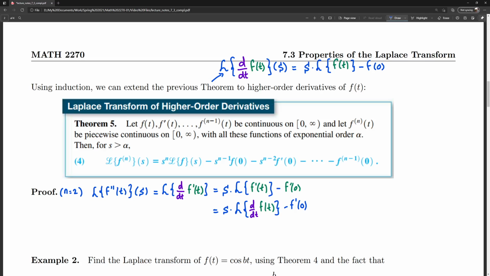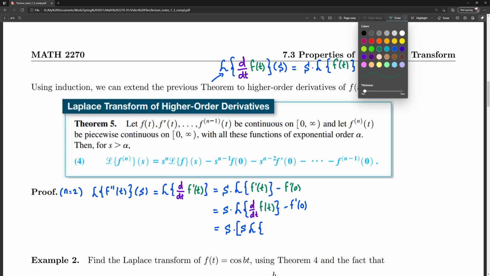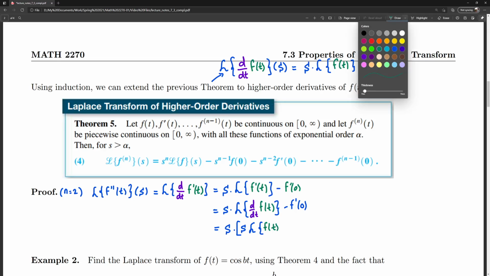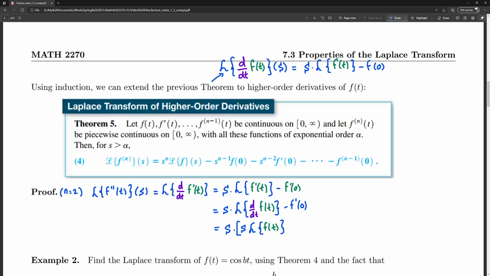And so if we use this theorem again, we get s times, and then s times the Laplace transform of f of t, and then minus f of 0.